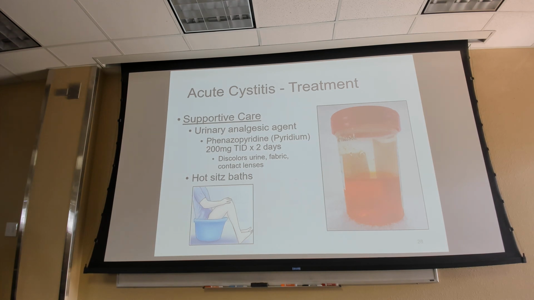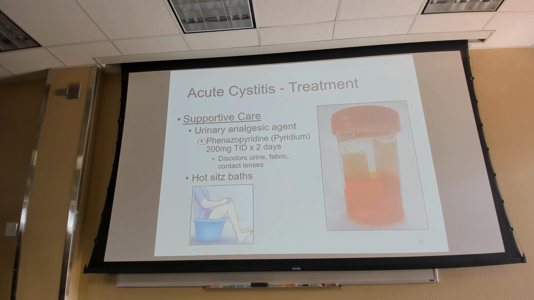And this, Pyridium, urinary tract analgesic, okay? Patient can buy it over the counter. Ask if they've already taken it. Obviously, in your good history of the patient encounter, you're going to be asking about over the counters. They can buy it, and if they're not tracking, it's going to turn their urine that color.